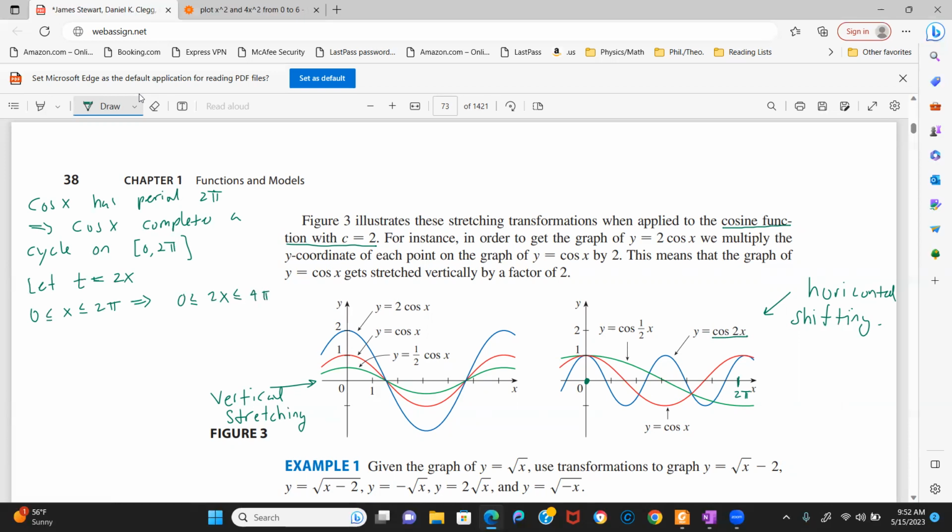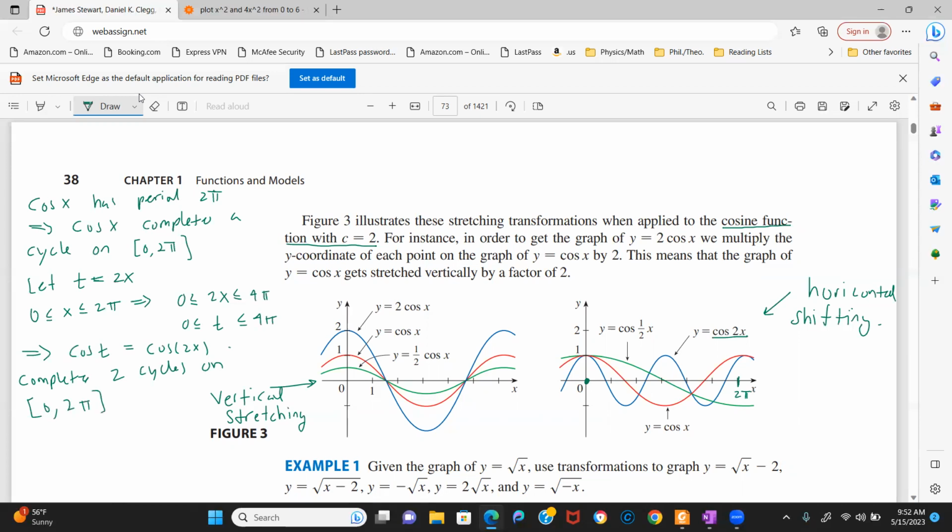We just let t be equal to 2x. So this implies that cosine of t, which is cosine of 2x, completes, let's say, 2 cycles on the interval 0 to 2 pi, right?